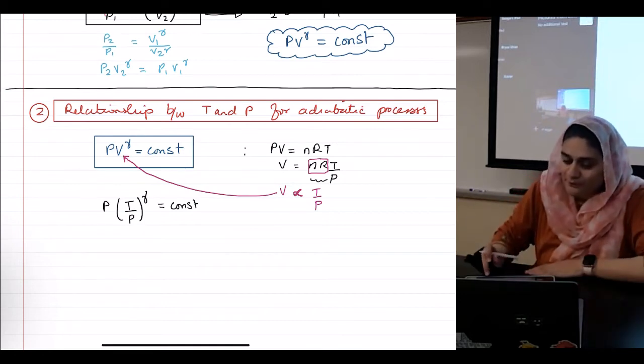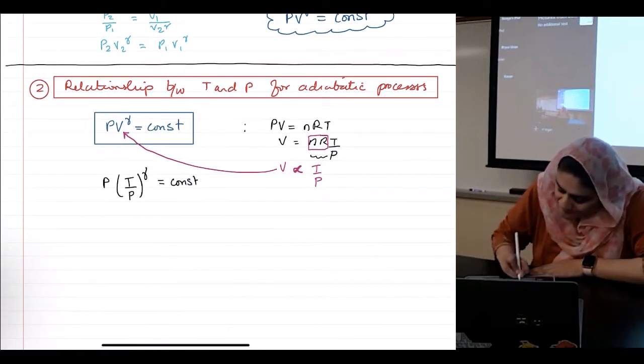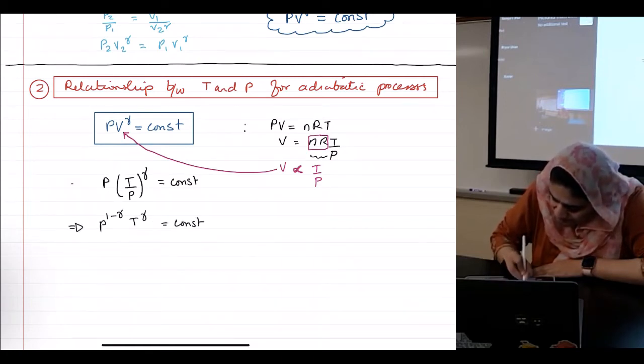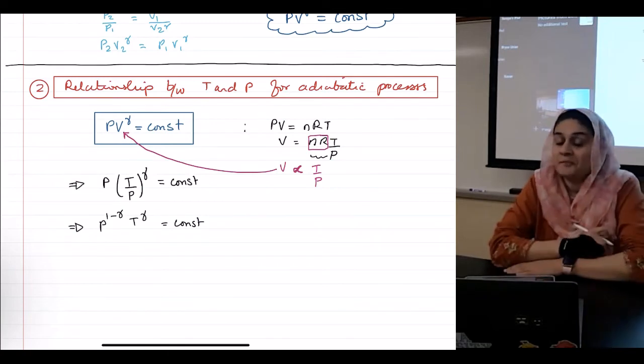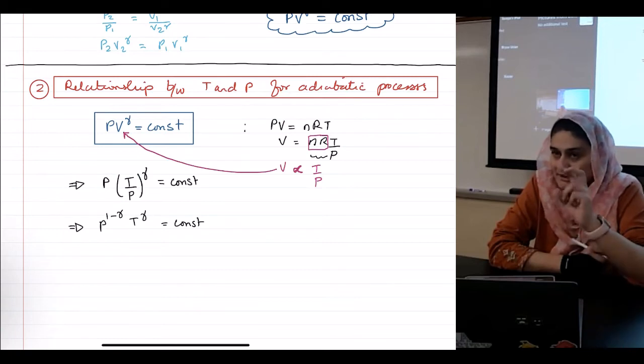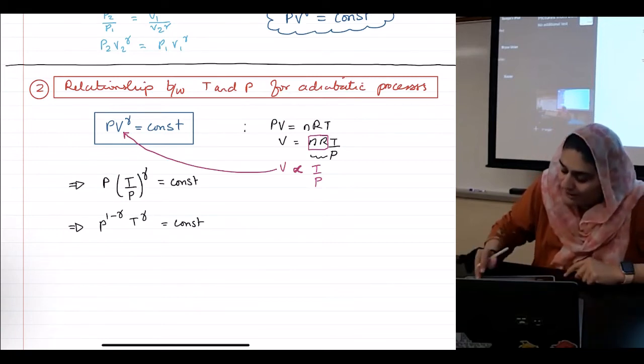Okay, continuing forward. May I then write this equation as P to the 1 minus gamma, T to the gamma is a constant. So if P and T gammas are constants, may I rewrite this?